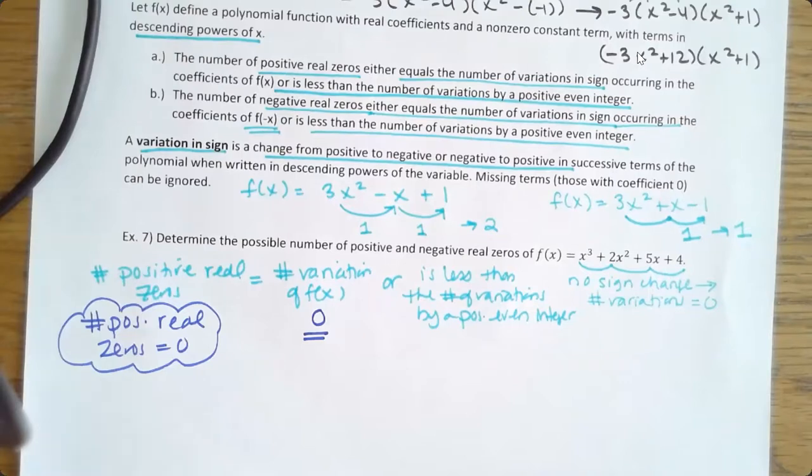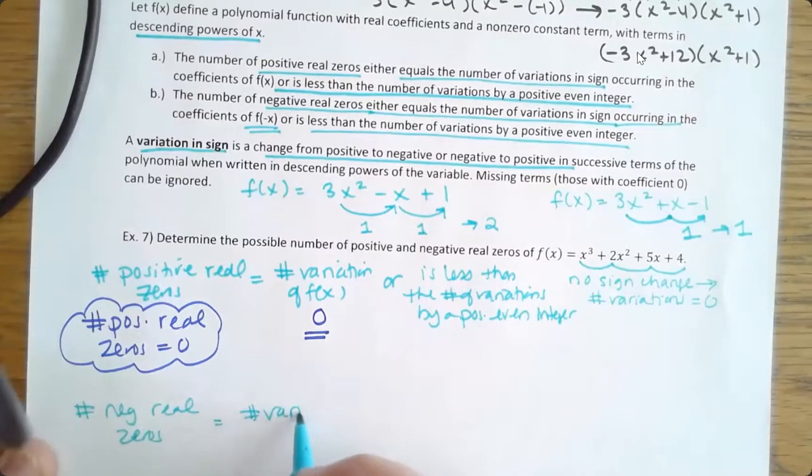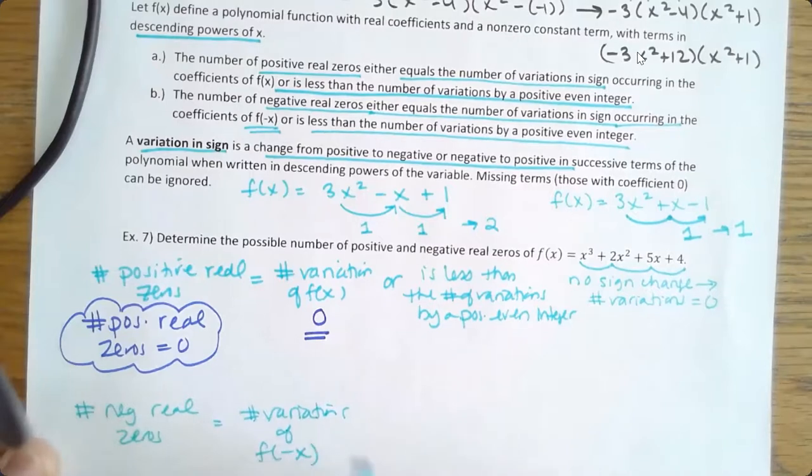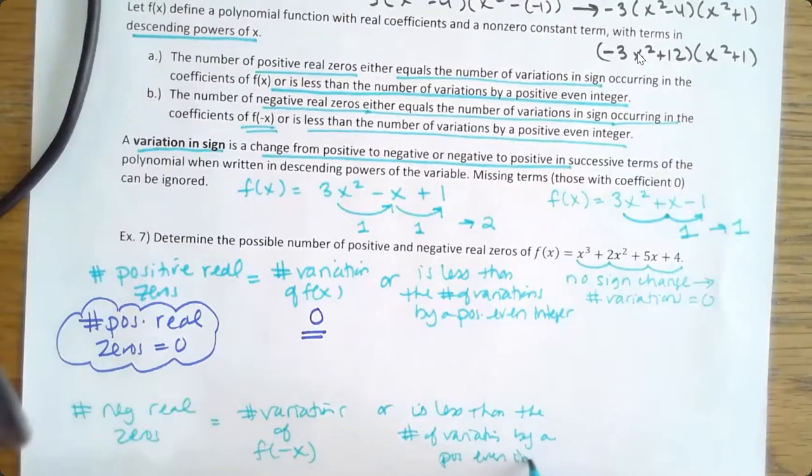The number of negative real zeros is equal to the number of variations of f of negative x, or is less than the number of variations by a positive even integer.